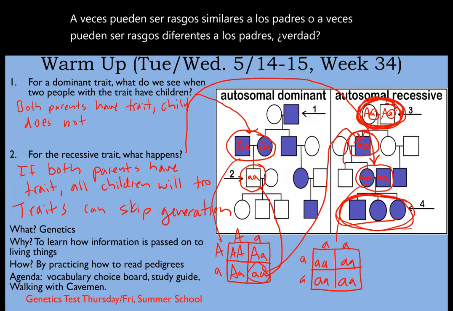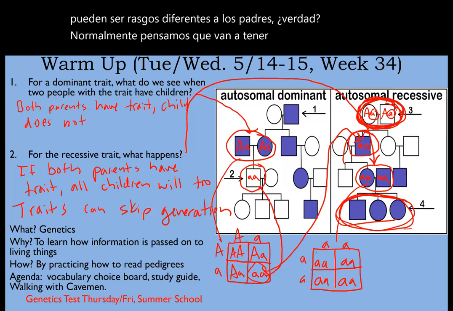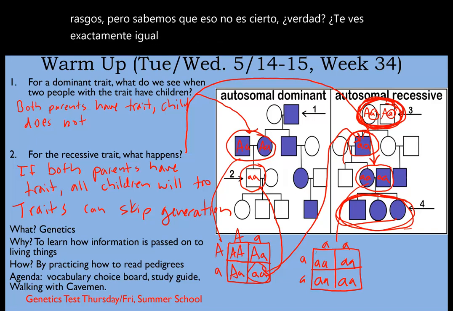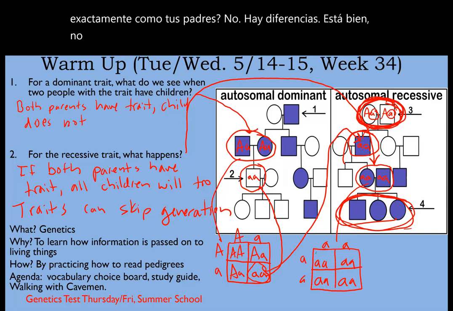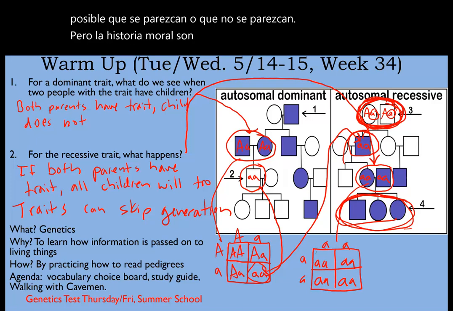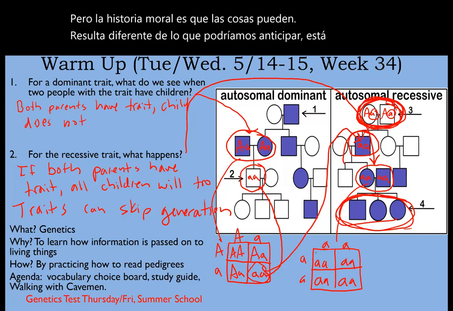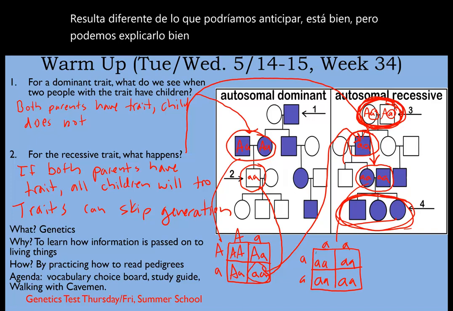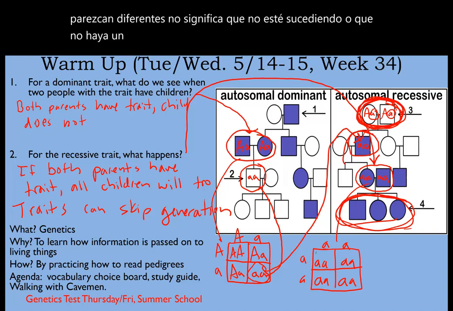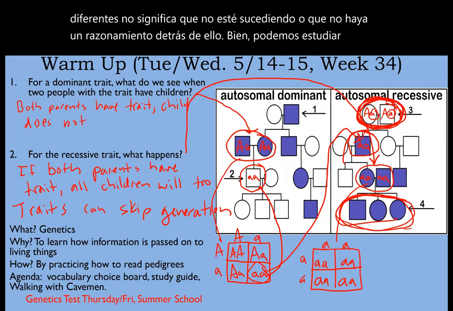Normally we think they're going to have all the same traits, but we know that's not true. Do you look exactly like your parents? No. There's differences. You don't look exactly like your siblings either. You might look similar, or you might not. But the moral of the story is things can turn out differently than we might anticipate. But we can explain it. Just because things seem different doesn't mean it's not happening or there's not a reasoning behind it. We can study and figure out what's going on there.